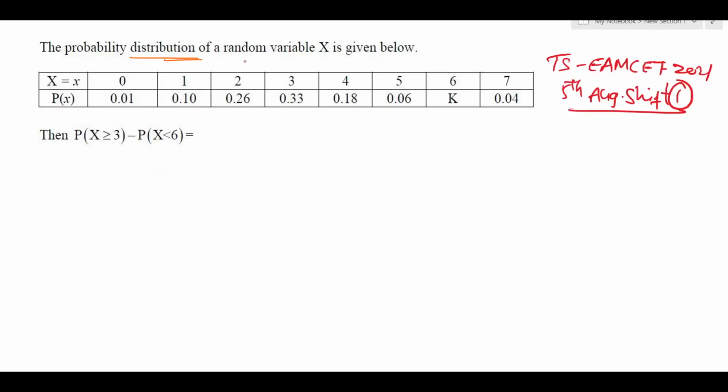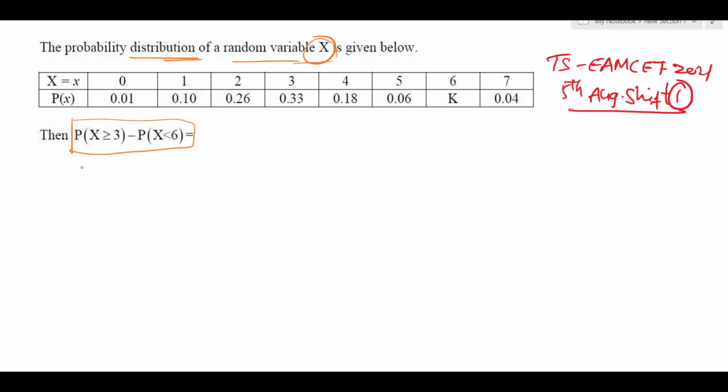The probability distribution of a random variable x is given in the table. Then find the value of P of x greater than or equal to 3 minus P of x less than 6 is equal to dash. We know that the total probability is equal to 1.